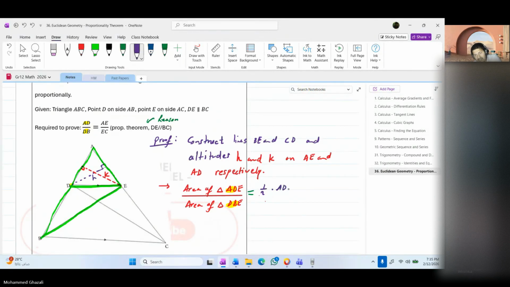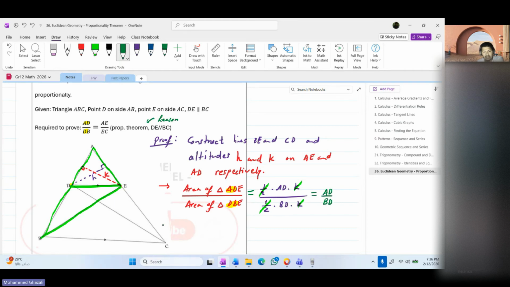AD times K. What's the base for the second triangle? BD times K, still K. So now the halves cancel out, the K's cancel out, and what you get is AD over BD.